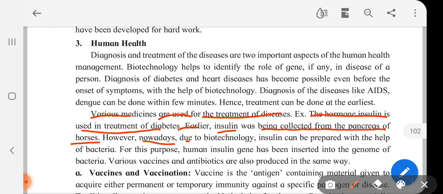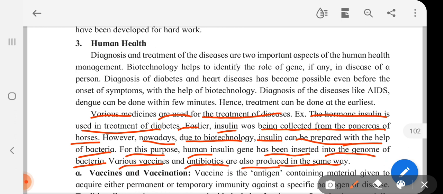However, nowadays, due to biotechnology, insulin can be prepared with the help of bacteria. For this purpose, human insulin gene has been inserted into the genome of bacteria. Various vaccines and antibiotics are also produced in the same way.